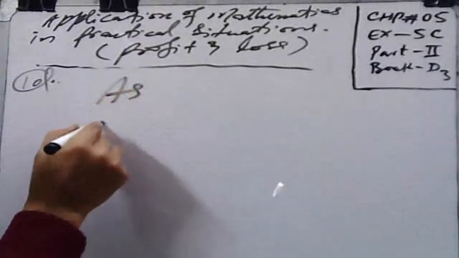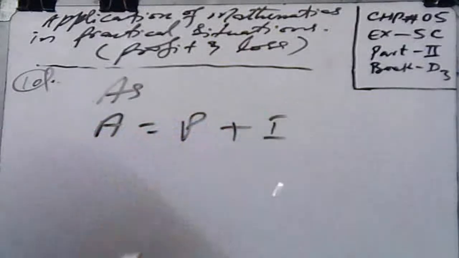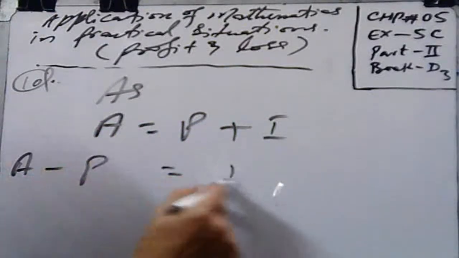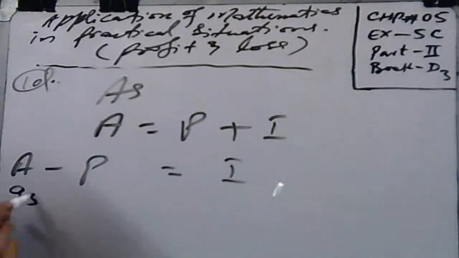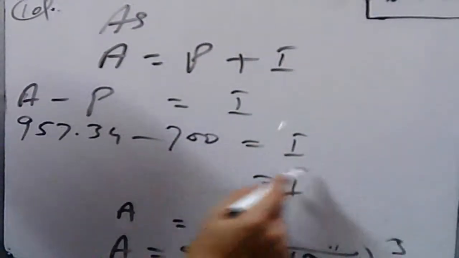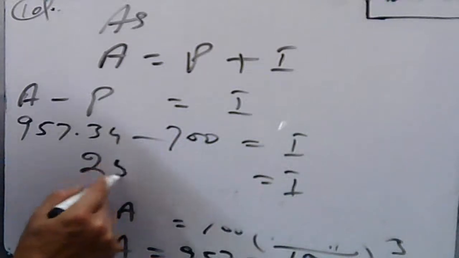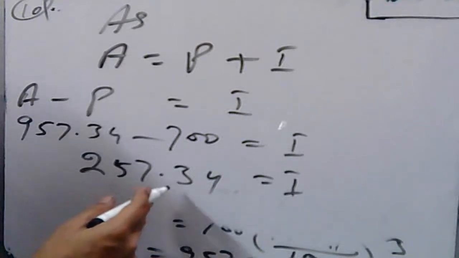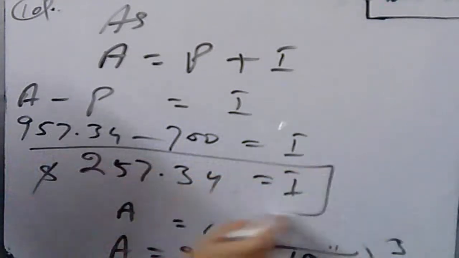Just we have calculated 957.34 minus principal amount given to us, that is 700, is equal to I. Subtract it with the help of calculator: 957.34 minus 700, $257.34. So that is your required result. Simple interest in compound form, that is compound interest.